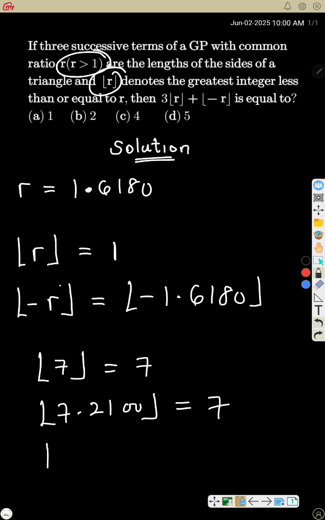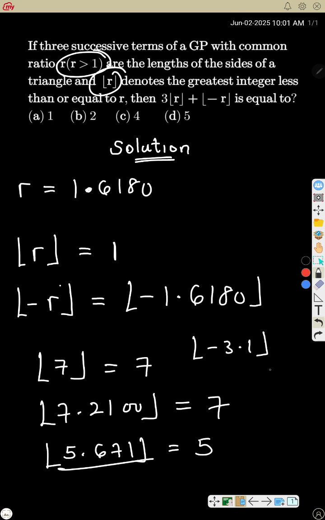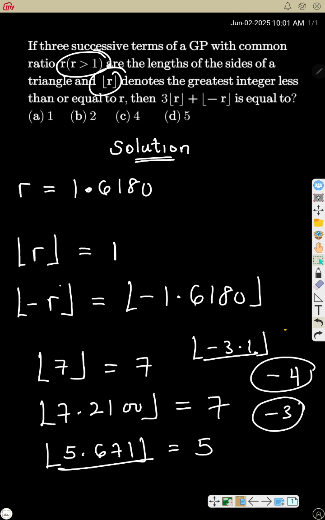If you want to find the floor function of 5.671, the floor function is 5 because 5 is less than this. But if it is a negative number, the floor of minus 3.1 is minus 4. It can't be minus 3 because minus 3 is bigger than minus 3.1, so it will be minus 4, the immediate negative number.